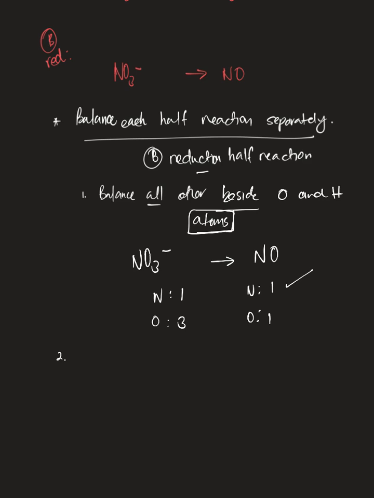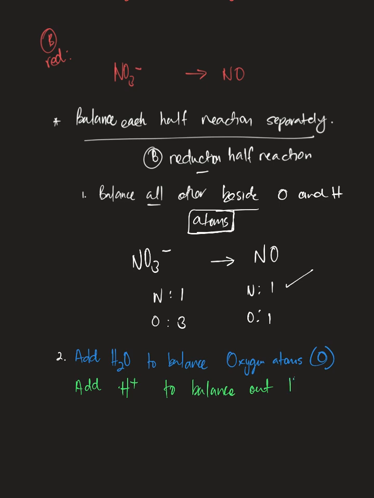The next step says you need to add H2O to balance the oxygen atoms, so everything that's O. And at the exact same time, we're going to add H plus ions to balance out the hydrogen, which is an H. Okay, this is a new sort of thing.